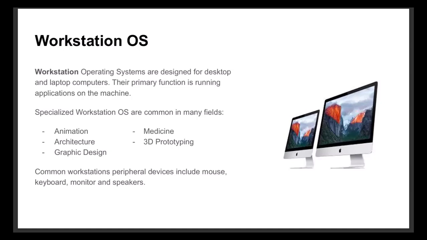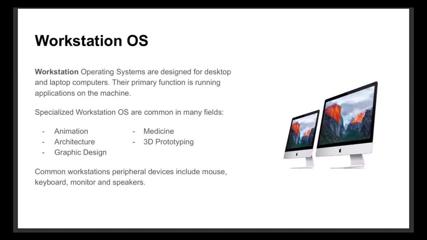Your workstation operating systems will have functionality with common devices such as keyboards, display monitors, a mouse, speakers, and others. If you have some type of specialized workstation, this will be a computer and an operating system that is designed for some type of high-performance computing task.